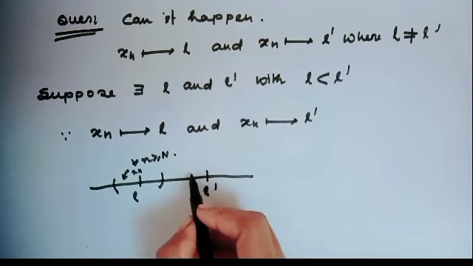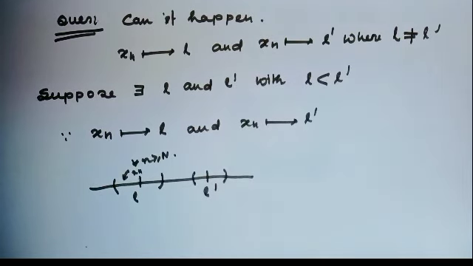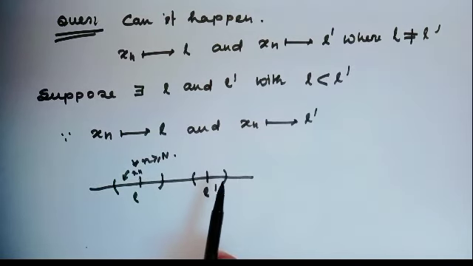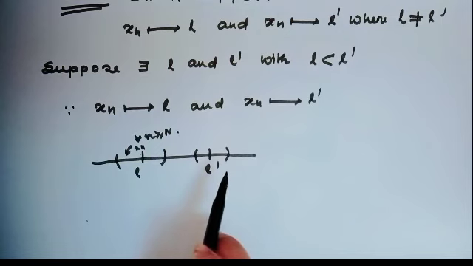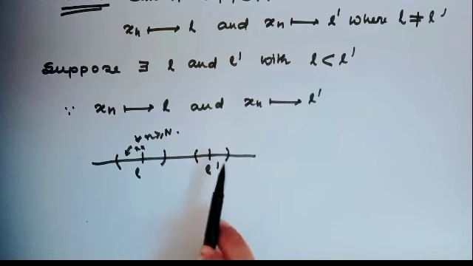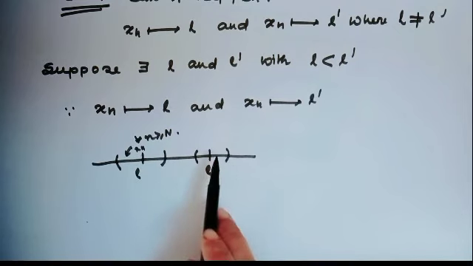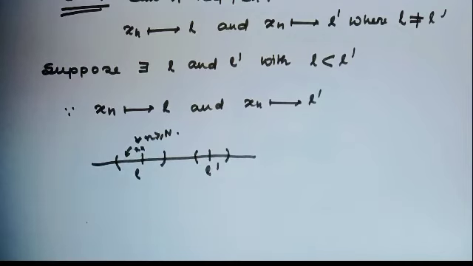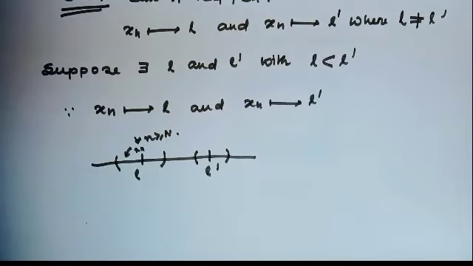Then if I draw an interval around L prime, how many xn lie in this interval? There are only finitely many. So I get an interval around L prime where only finitely many xn belong.